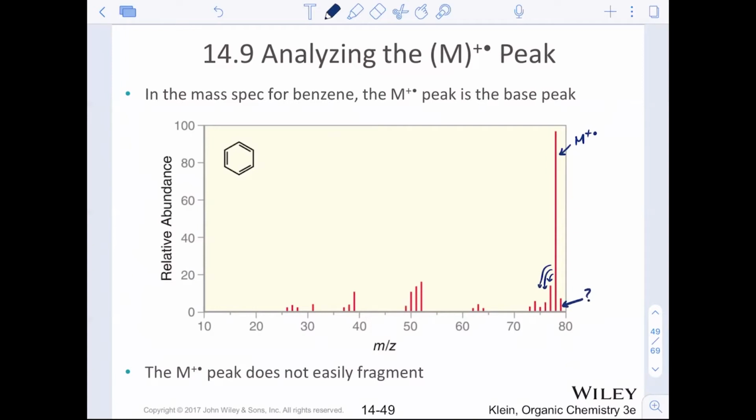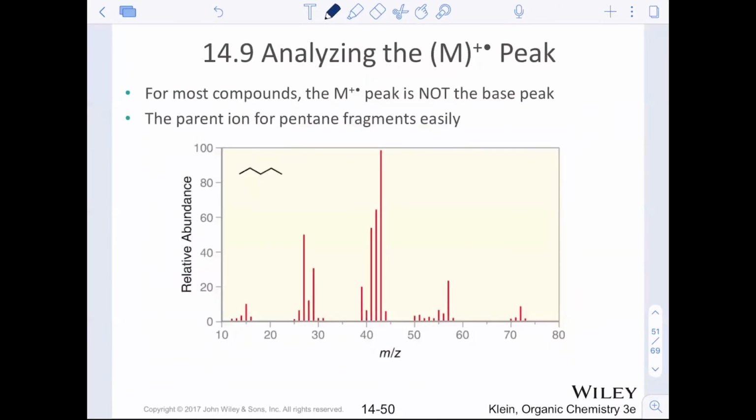in just a minute. For most compounds, the parent ion peak is not the base peak, though. When we look at more easily fragmented structures, linear structures, compounds like pentane here, the parent ion, the molecular ion peak right there, is the highest one on the far right-hand side. The base peak is, again, the highest one out of everything.